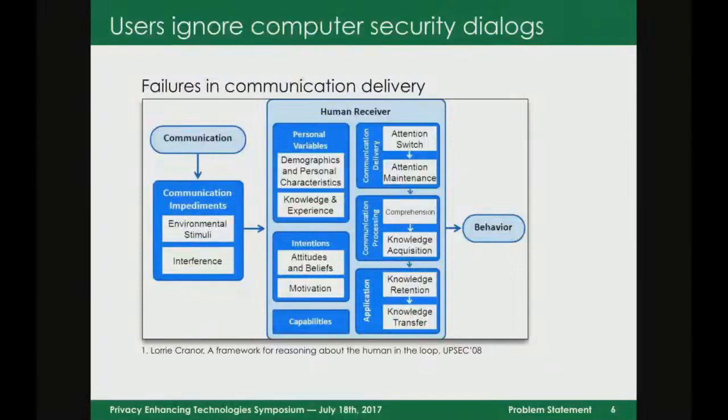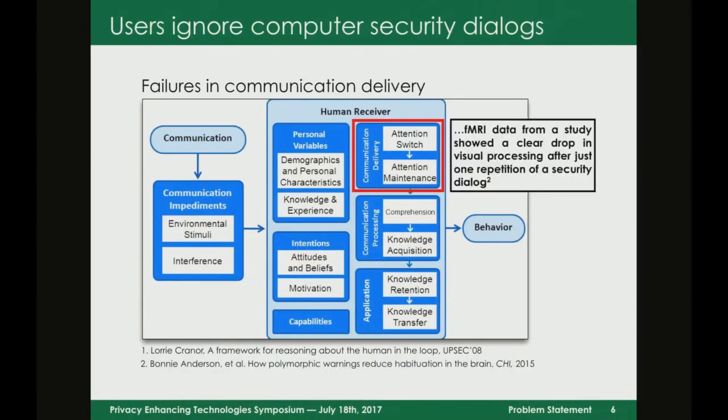One of the reasons behind this is failures in communication delivery, for example, attention switch and maintenance. Most of these security dialogs fail to capture user attention and maintain it so that they read the permissions listed on these authorization dialogs. Habituation is one of the main reasons behind this.